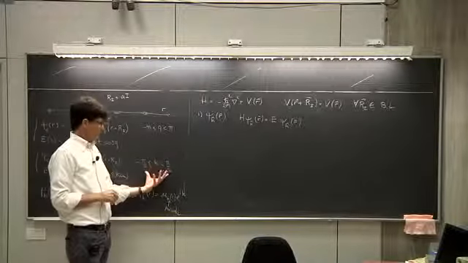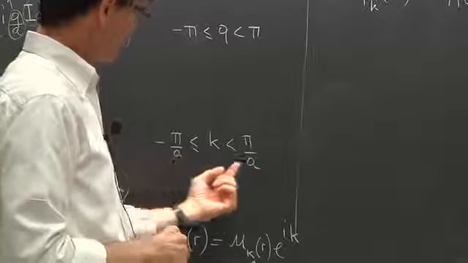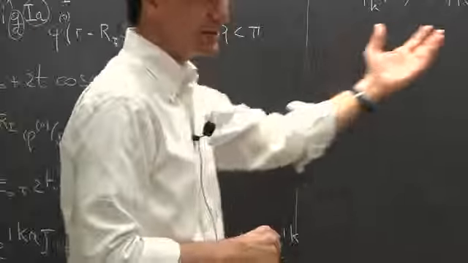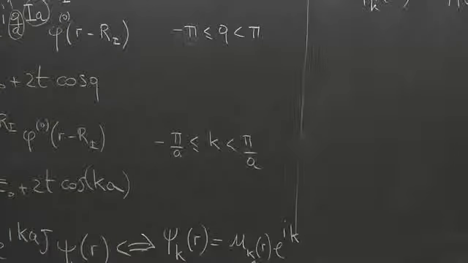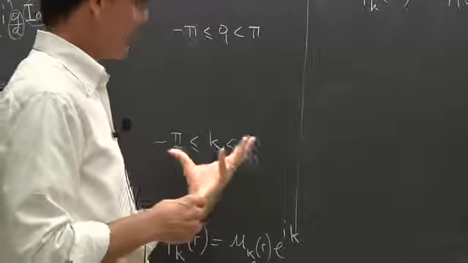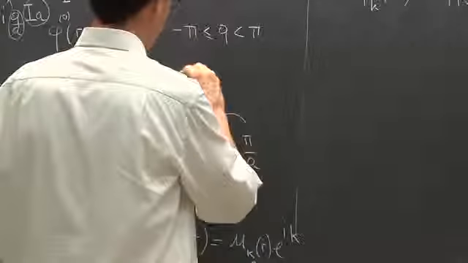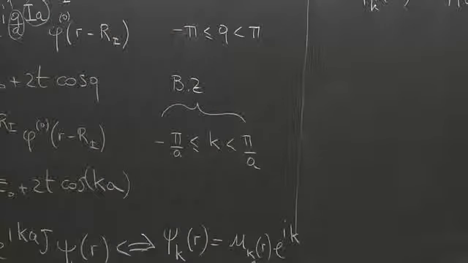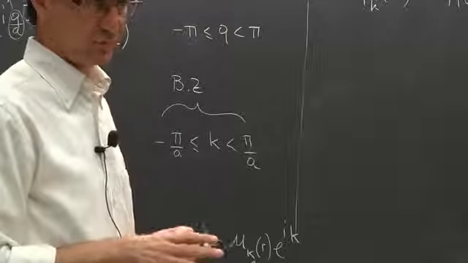Now, you have certainly noticed this region minus pi over a to pi over a, and the fact that we had periodicity 2 pi over a. In 1 dimension, this is actually the Brillouin zone of a 1-dimensional system. And 2 pi over a times n are the reciprocal lattice points in one dimension.